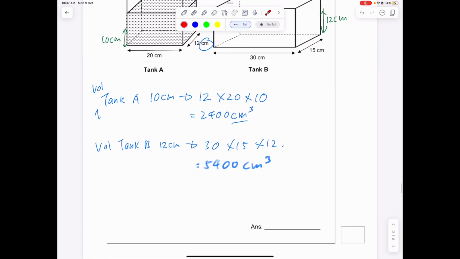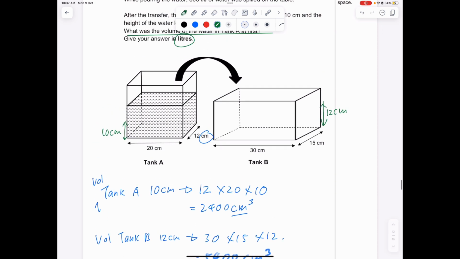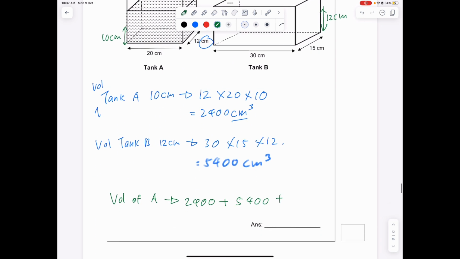Okay. So finally, volume of A at first would be 2400 plus 5400 plus 600, correct? Your answer would be 8, my apologies, 8400 cm cube.